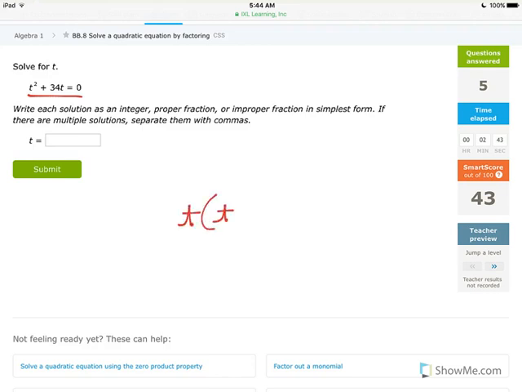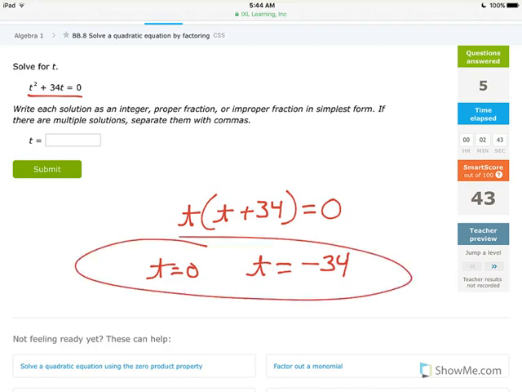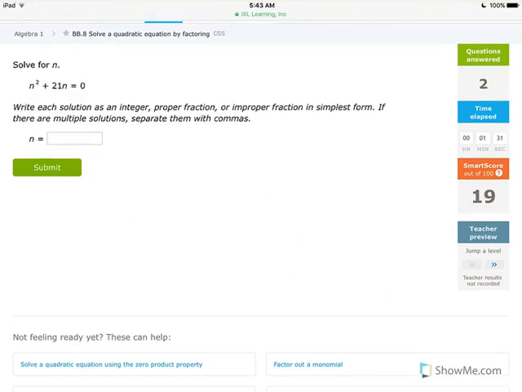And t plus 34 equals 0. So t would have to be 0, or t could be negative 34. This one we can factor off an n. So n plus 21 equals 0. So n could be 0, or n could be negative 21.